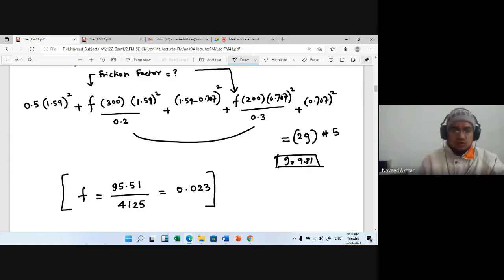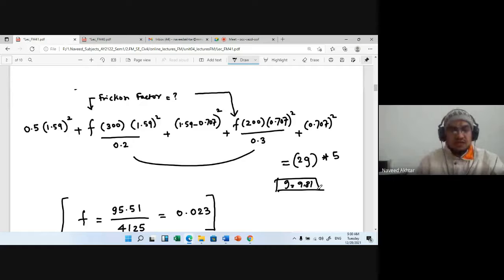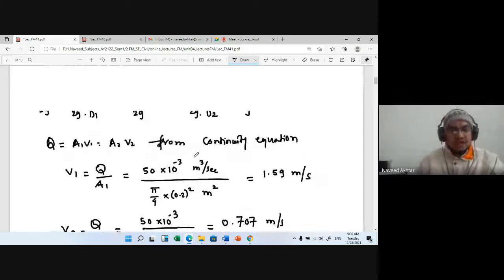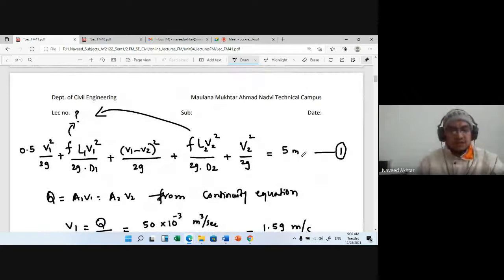Sometimes they will ask the length of pipe 1, maybe the diameter of pipe 1, or the friction factor is given, so maybe they will ask that. Likewise, you have to solve the example by using Bernoulli's theorem between the two reservoirs R1 and R2, putting the total equation of the losses due to minor and major losses, and then the total difference.